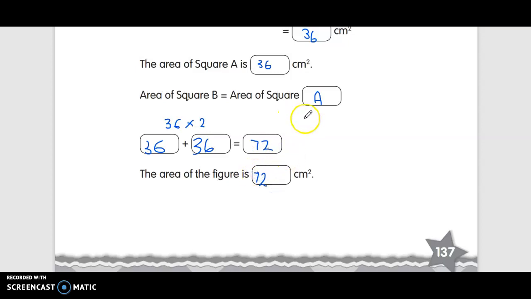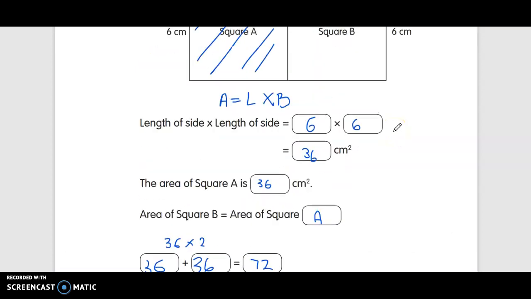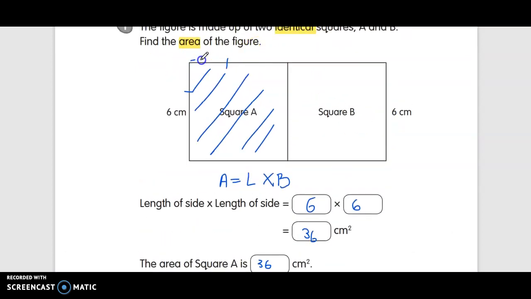Alright, okay, there's another way to solve this question, which is to find the total length of this whole figure. Okay, some of you will say, hey, Mrs. Chai, since I know the total length, I don't need to take this plus this. The total length of this rectangle is 6 plus 6. So this is the total length, right? Which is 12.